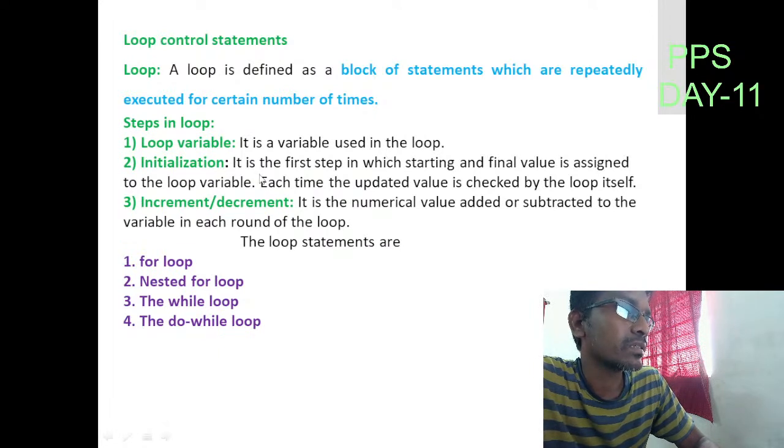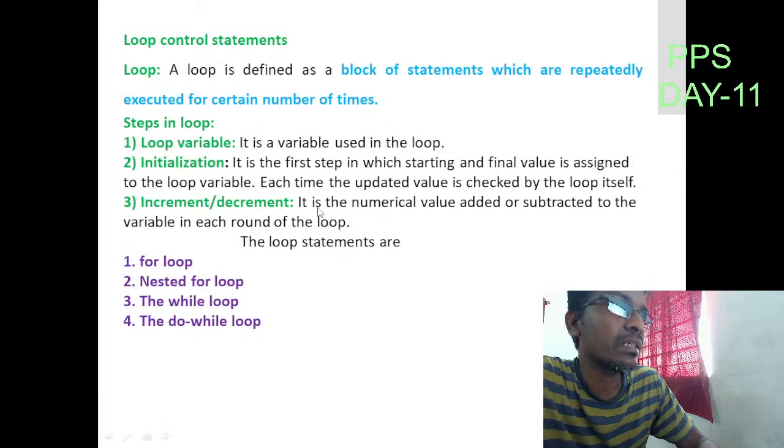Then initialization. After declaring I, now we have to initialize whether I will start with 0 or whether I will start with 1. According to the programming requirements or the user requirements, you can start with the I value equal to 0 or I value equal to 1. That is initializing the variable. After that, you have to use increment and decrement.